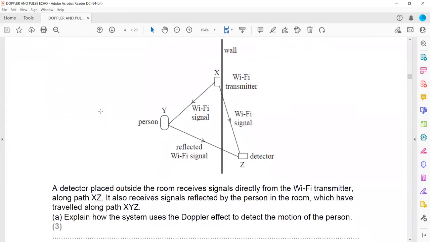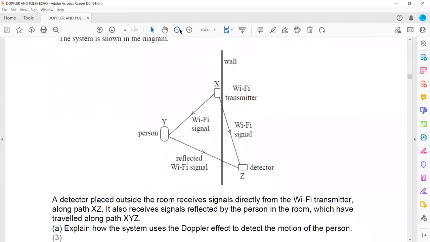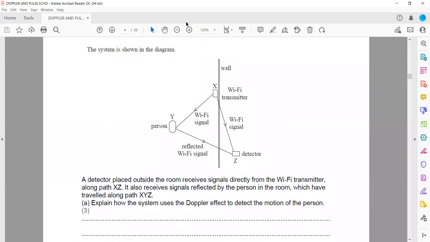So in the system shown in the diagram, inside a building in case of a hostage situation, these Wi-Fi transmitters can be used to identify the exact location of the hostages and identify their motion, whether they are moving towards or away from the source.